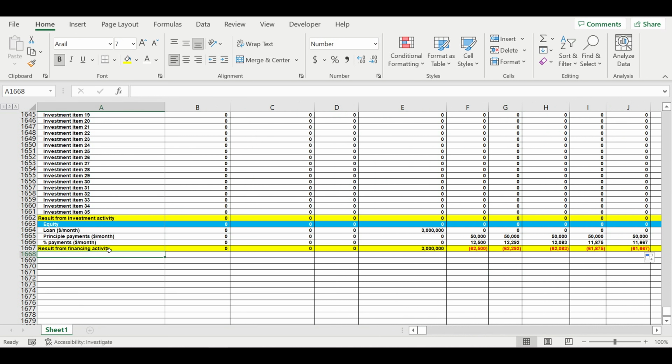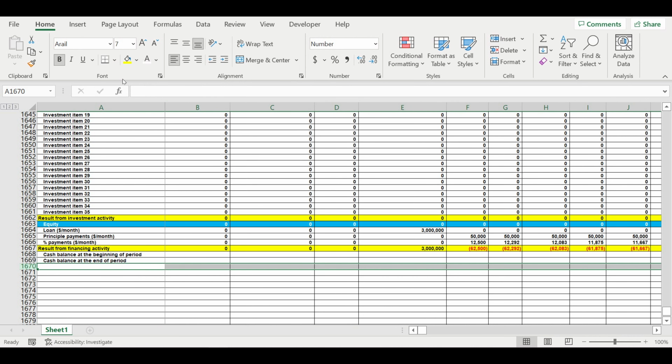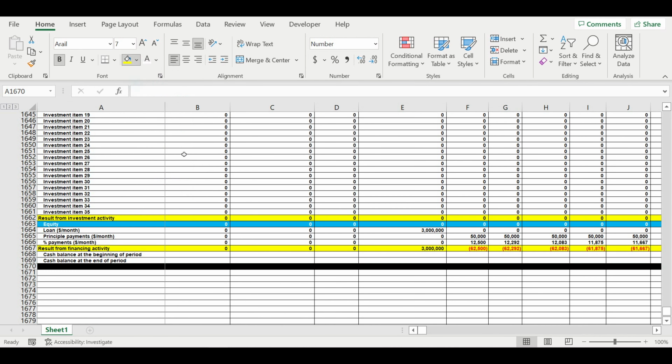Now we create the line called cash balance at the beginning of period, and the next line, the last line, is cash balance at the end of the period, and this is the end of the cash flow statement.